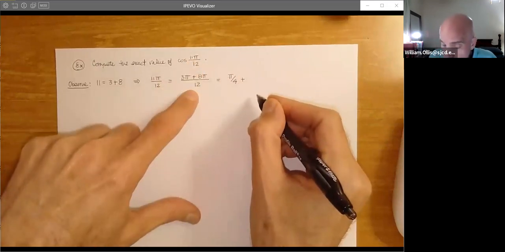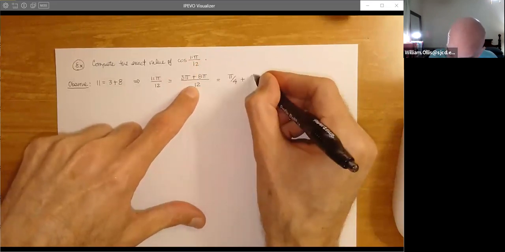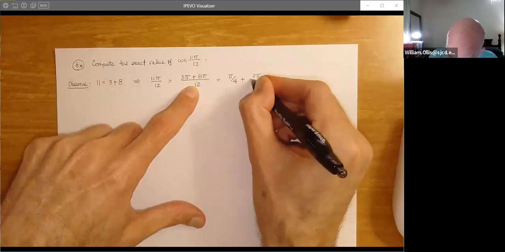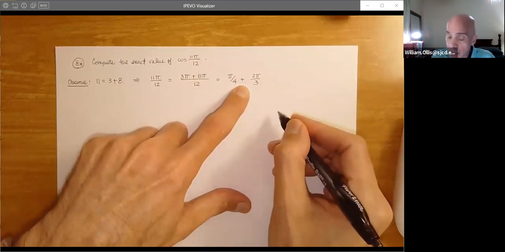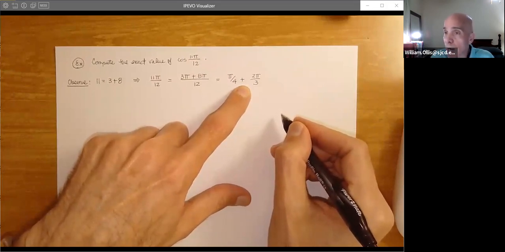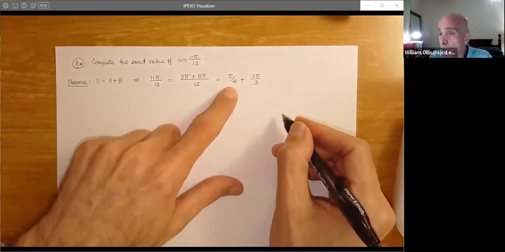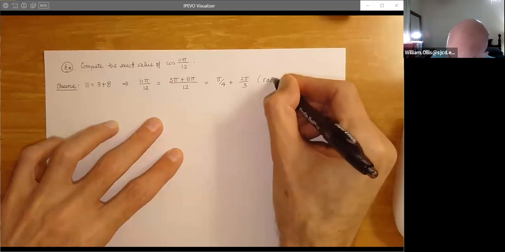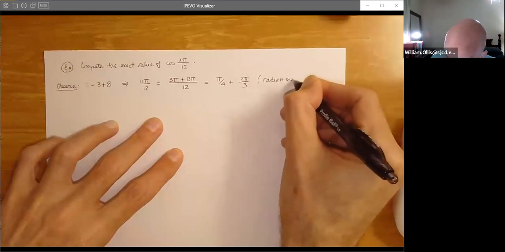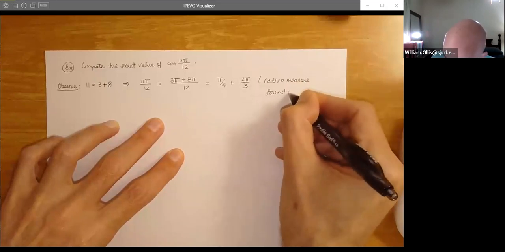And then 8 over 12 will give us 2 over 3, or 2 pi over 3. And these are values that we know a lot about. These are on the unit circle. These are radian measures that we know quite a bit about. This is equivalent to 120 degrees, this equivalent to 45 degrees. So we'll just say radian measure found on S1.